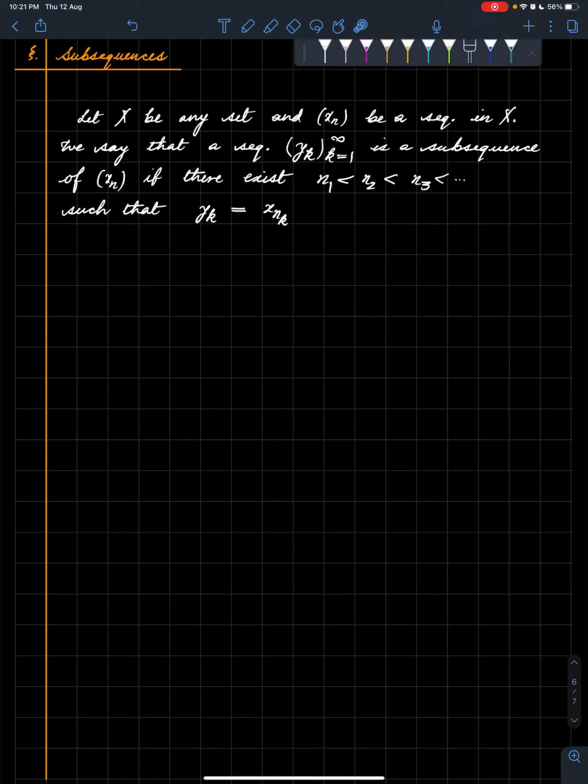So there are two subscripts. This is a single number, which happens for all k. I'm not using the same letter n here, I'm using a different letter.